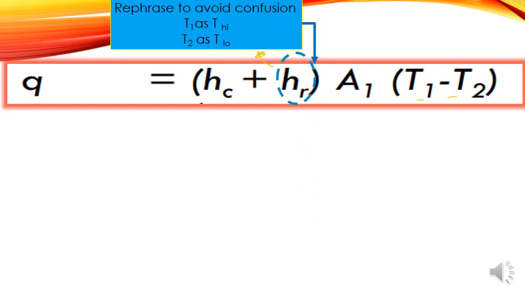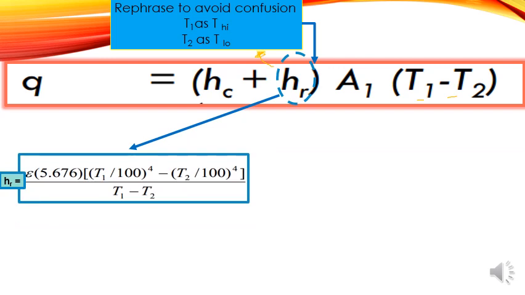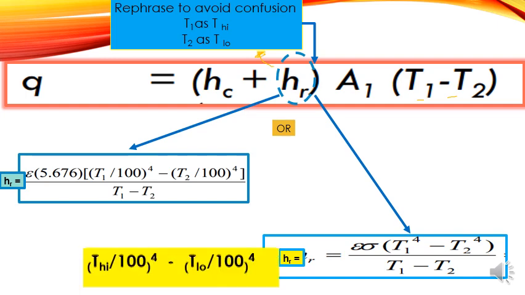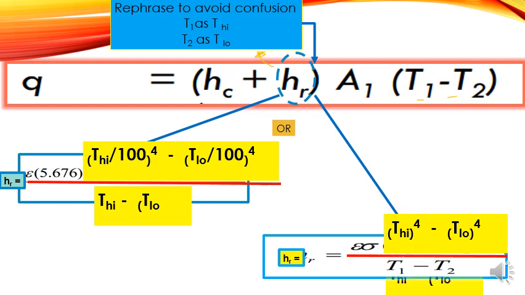So this is actually the equation that I've shown you before, where we still have T1 and T2. Or you can use the other equation. However, as I mentioned before, we want to avoid confusion. So in the HR equation, we're supposed to replace the T1 and T2 with the high and low temperature terms, like this, or either like this.